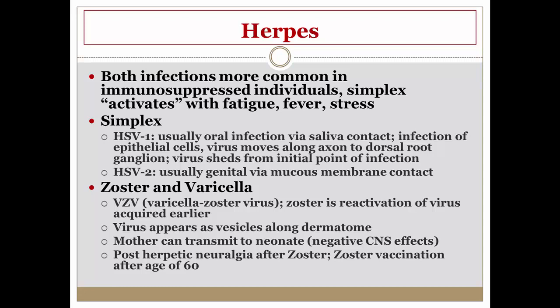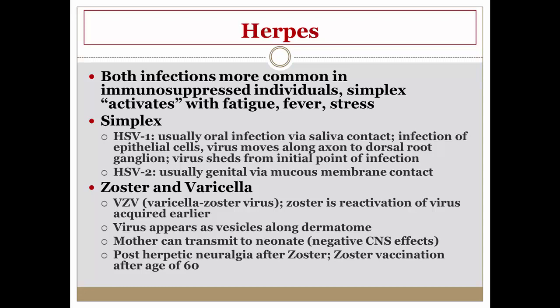So herpes zoster has a dermatome relationship. The lifetime risk of acquiring herpes or demonstrating herpes zoster, which is a reactivation of the varicella zoster virus, is between 32 and 50%. That's very, very high.